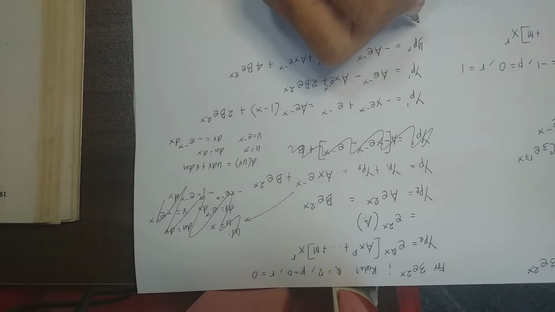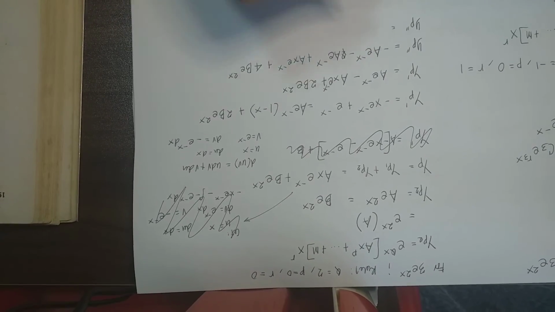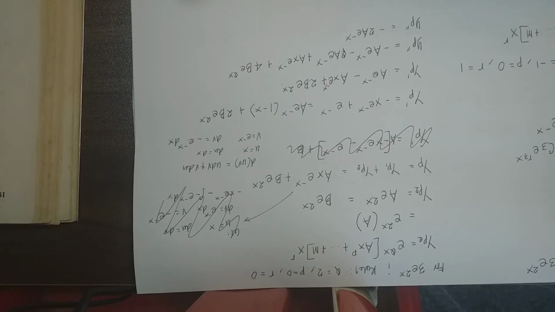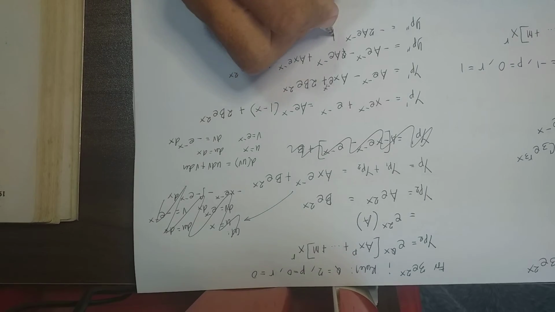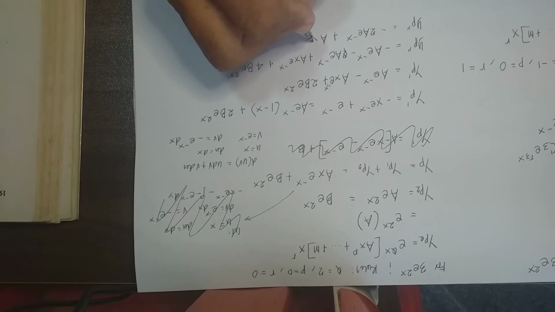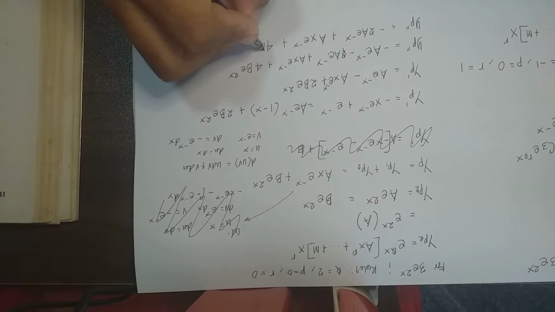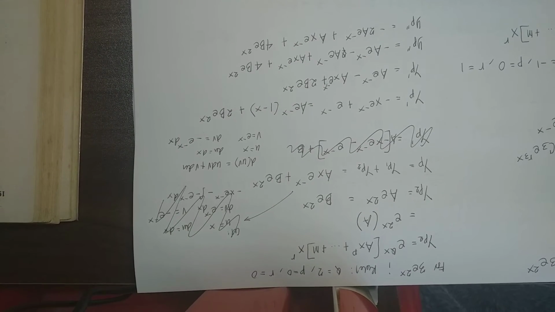Or simplifying this, yp double prime is negative 2a e to the negative x plus ax e to the negative x plus 4b e to the 2x. That is y double prime.